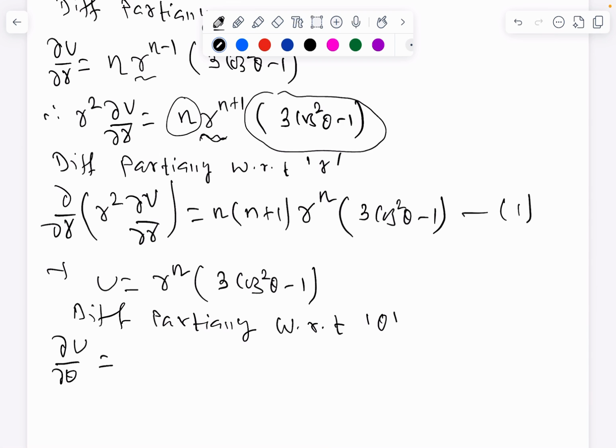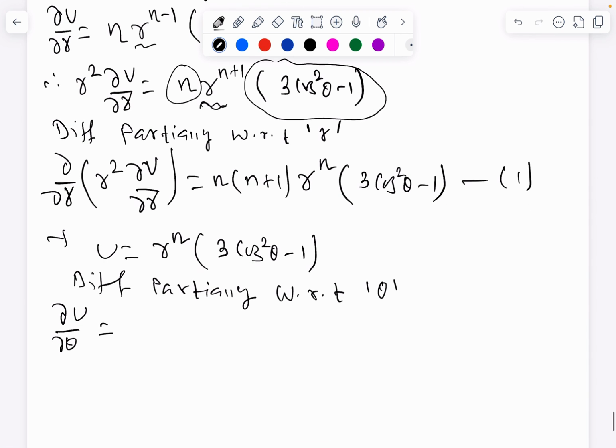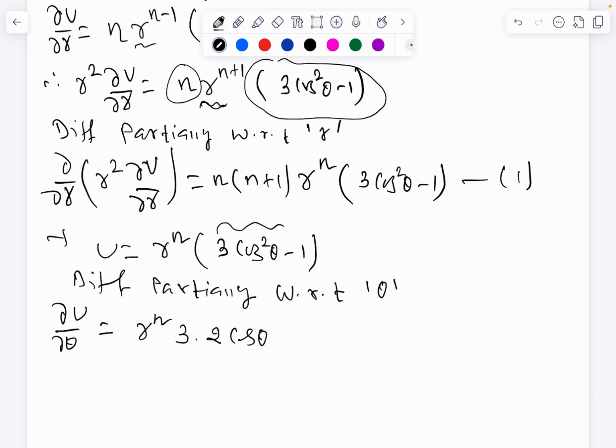So that is del u by del theta. So this is r power n. Now derivative of cos square theta. So derivative of cos square theta, 3 is there, 2 cosine theta, and derivative of cosine theta is minus sine theta. And that is minus 1, so that derivative is 0.